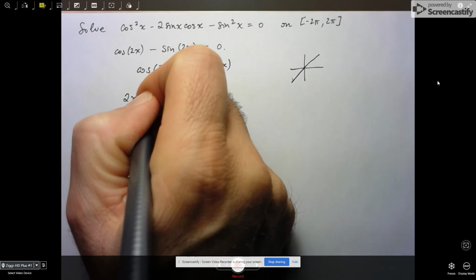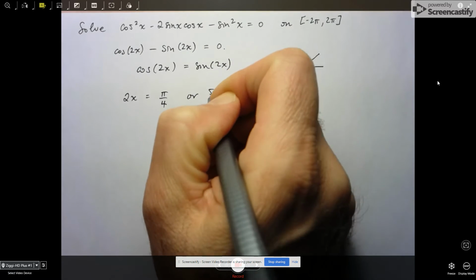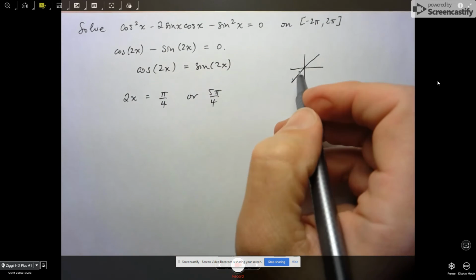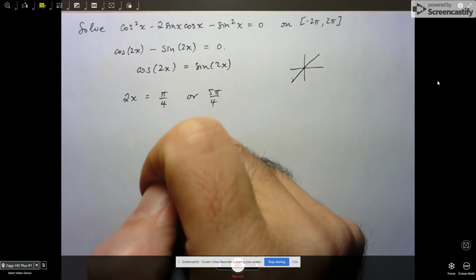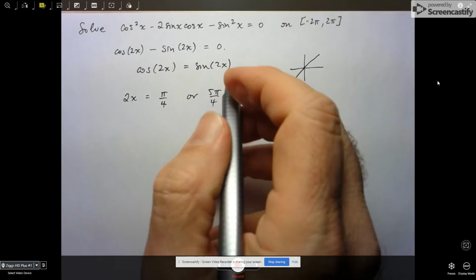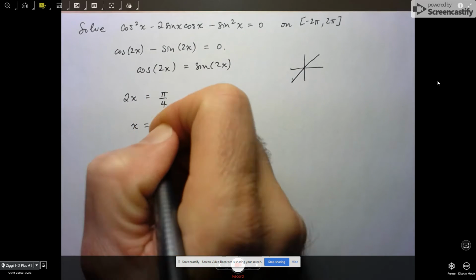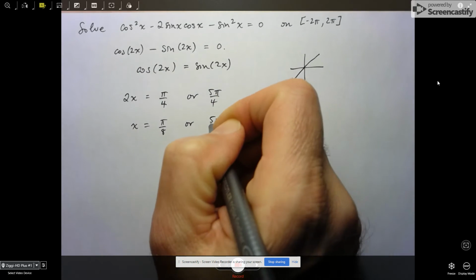That 2x can be equal to pi over 4 or 5 pi over 4. Sorry, I think I said 3 pi over 4 before. I meant 5 pi over 4 in the third quadrant. And so now we've got our two answers in the first cycle, and now we can solve for x. So x is equal to pi over 8, or x is equal to 5 pi over 8.